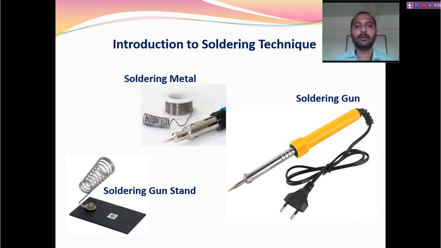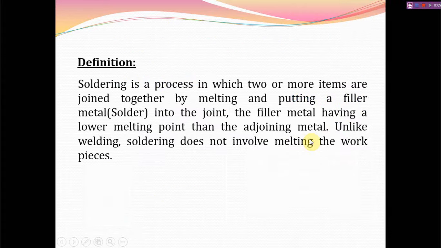Okay, now after stripping and cutting, let's look at the introduction to soldering technique. Soldering is a process in which two or more items are joined together by melting and putting a filler metal known as solder into the joint.